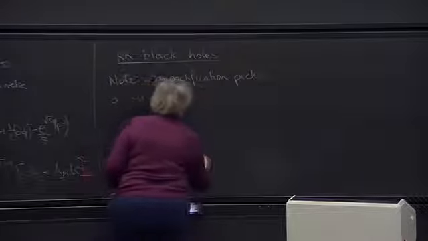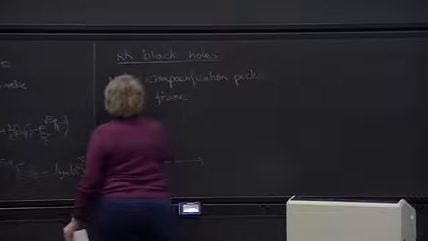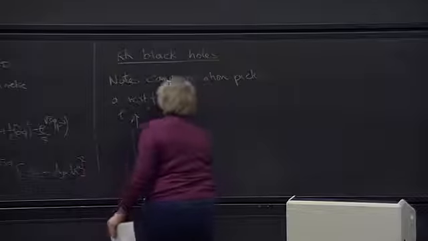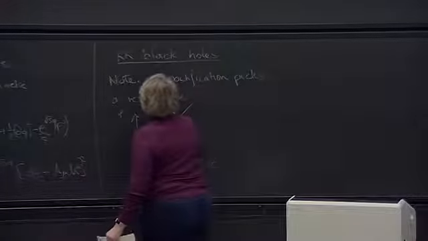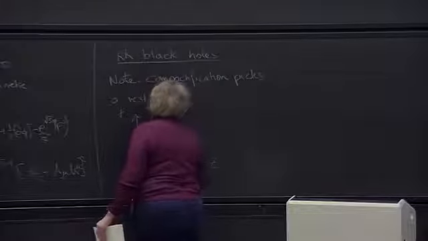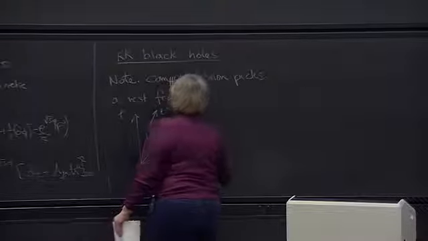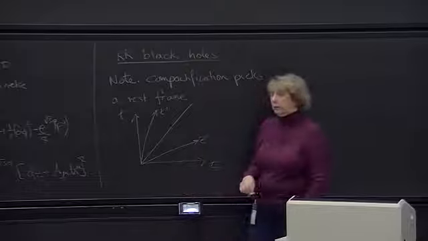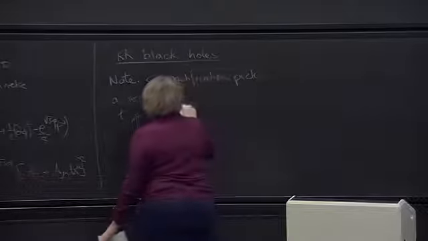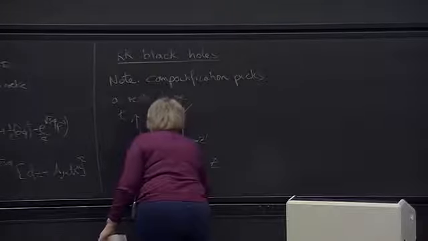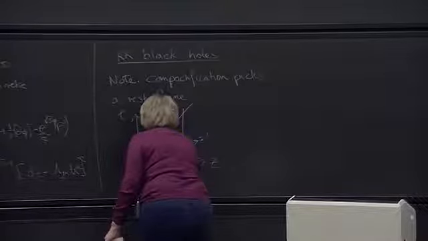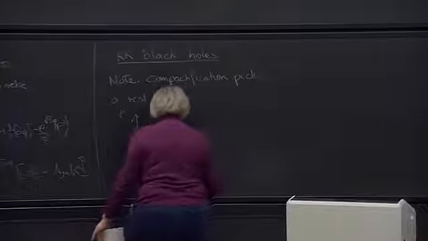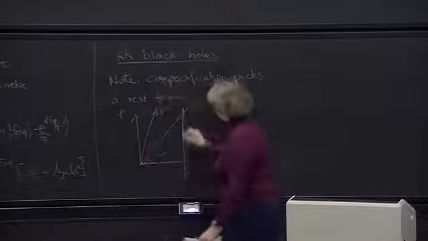It's perhaps easiest to see by just sketching. If I have T and Z, here's my null ray, and I look at T primed and Z primed. That would just be a Lorentz boost. I now represent my finite extra dimension by a line.